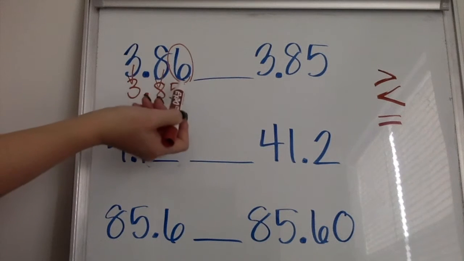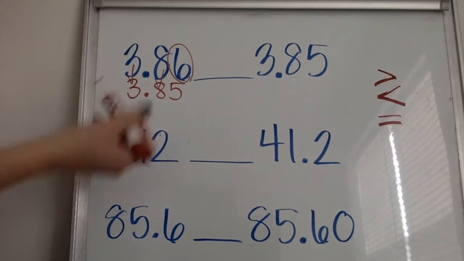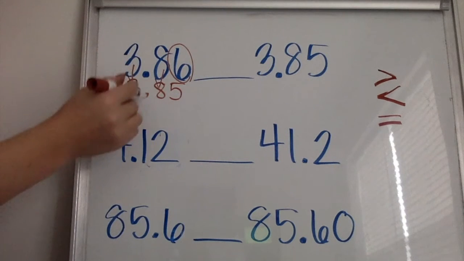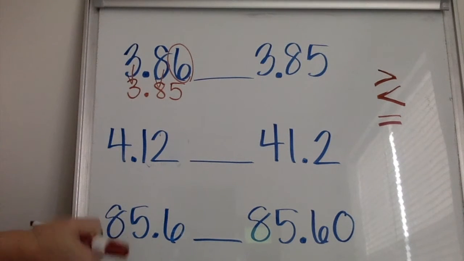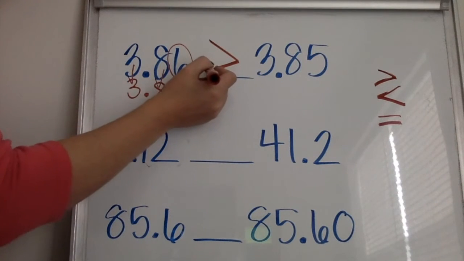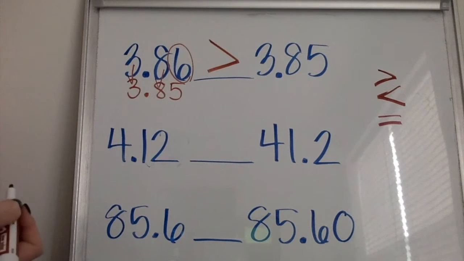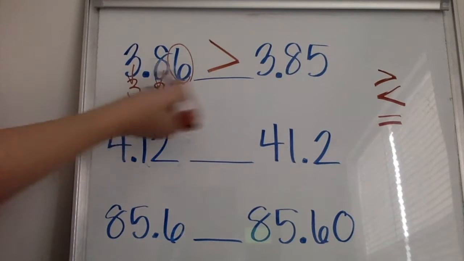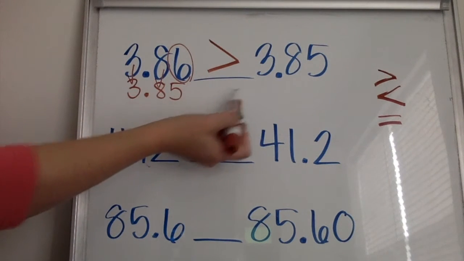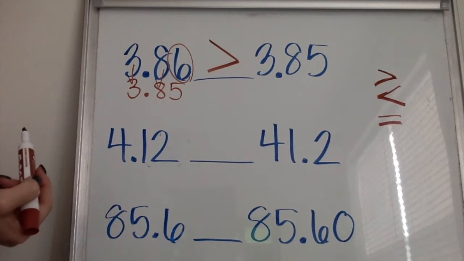So my 6 is the biggest. That means that 3 and 86 hundredths is bigger than 3 and 85 hundredths. So here I would need to use the greater than sign to compare. I can read this sentence as 3 and 86 hundredths is greater than 3 and 85 hundredths.